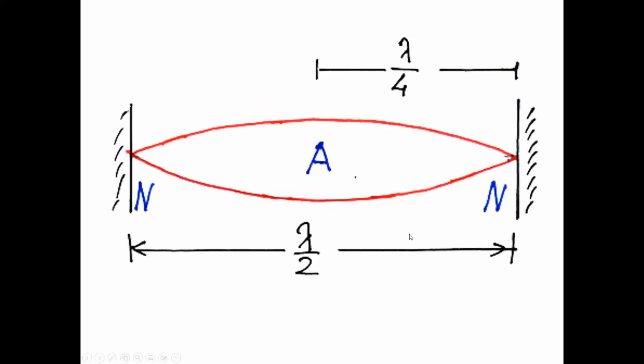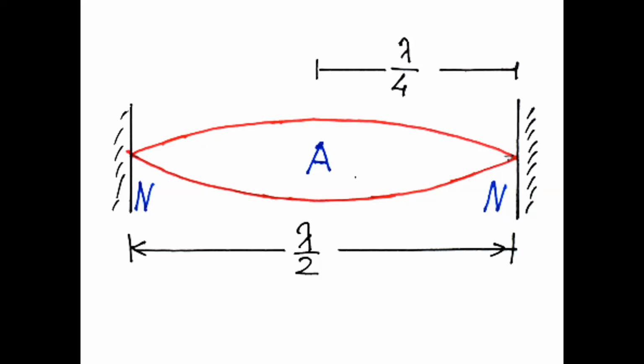Now, what is node and what is anti-node? Node is the point of zero displacement, and anti-node is the point of maximum displacement.